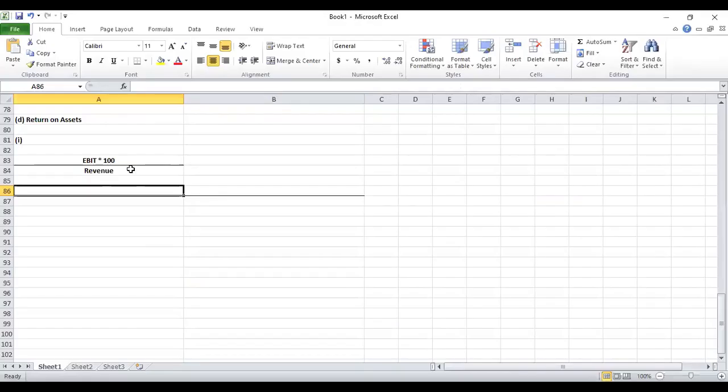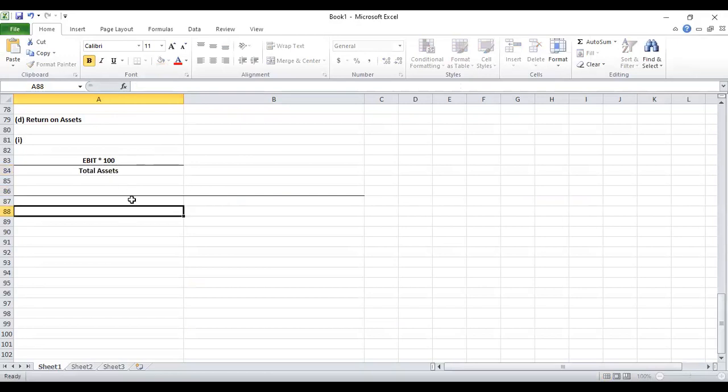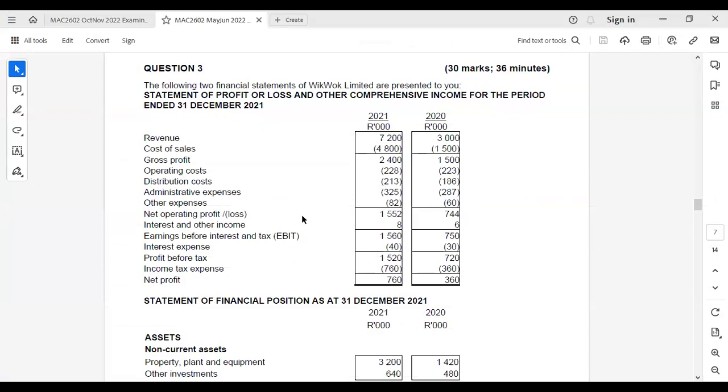This is over total assets, sorry. Right, our EBIT, here it is 1560 and 750.